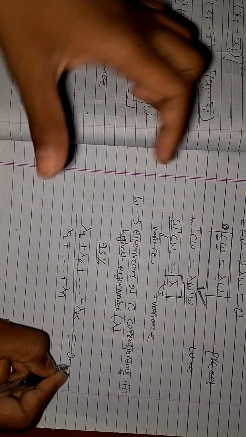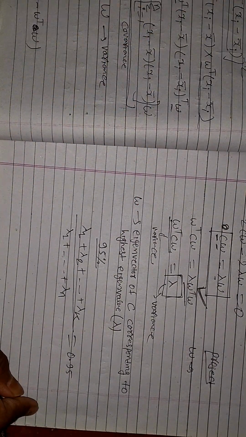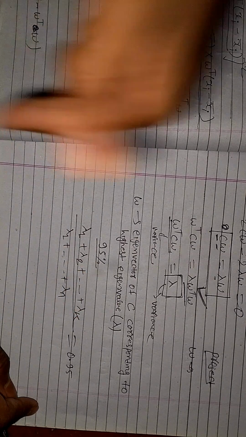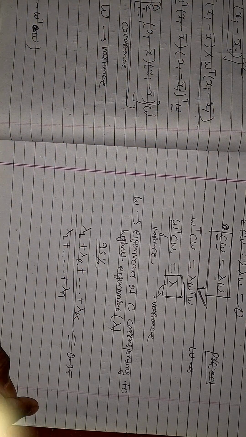If this ratio is 0.95, in general we cover 90 or 95% of the variance, then you pick that many lambdas and project onto that many eigenvectors, the principal components w.